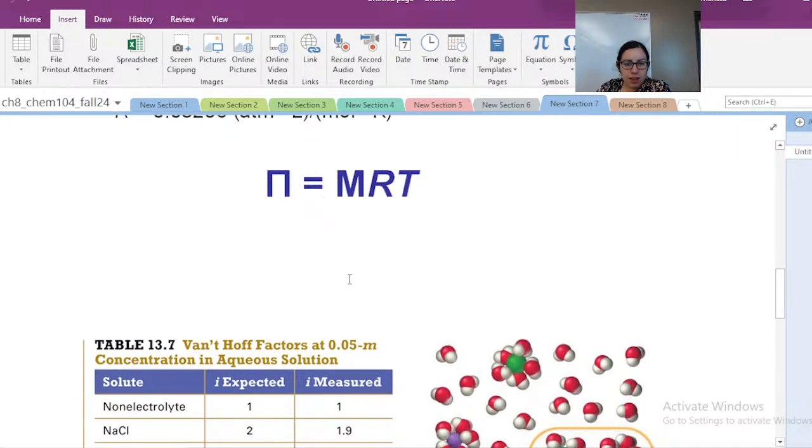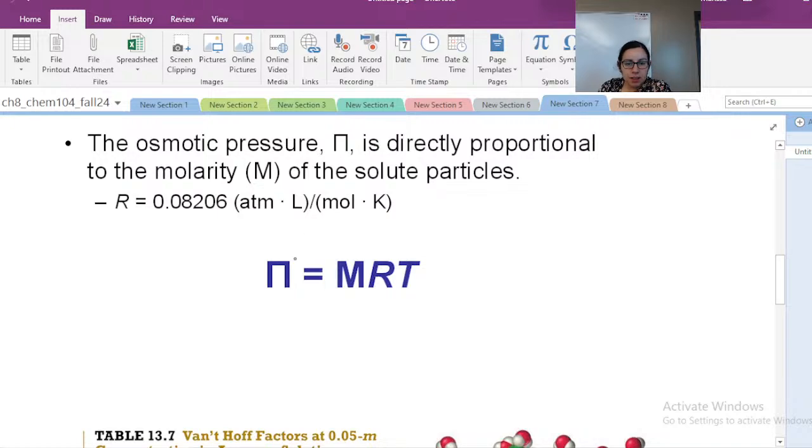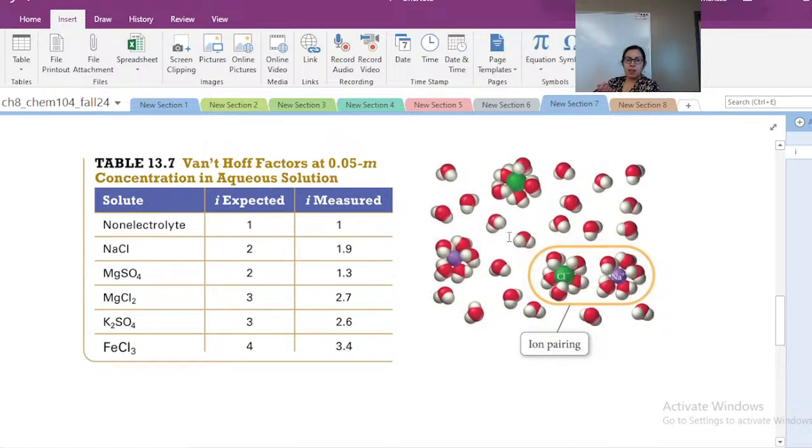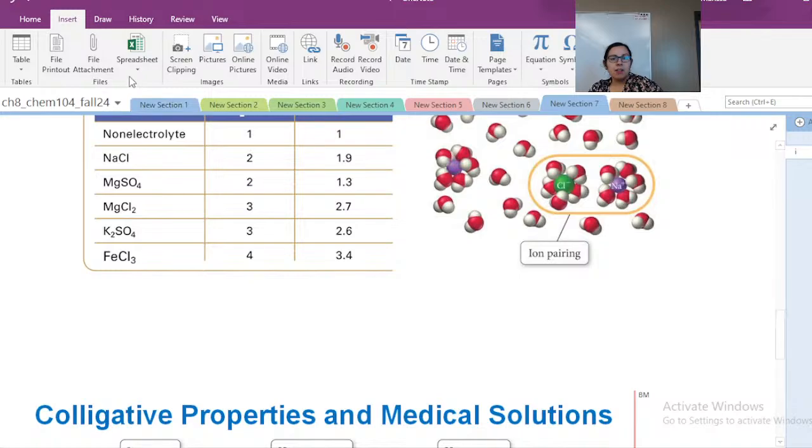So let's look at that. Sometimes you might see this formula with a little i here. That's our van 't Hoff factor. The van 't Hoff factor is just saying how many particles are we expecting to make in solution.